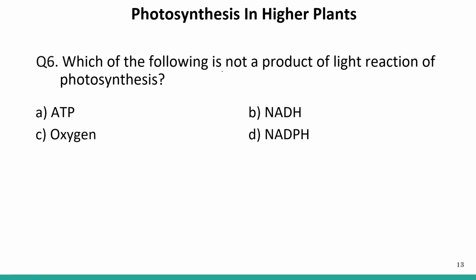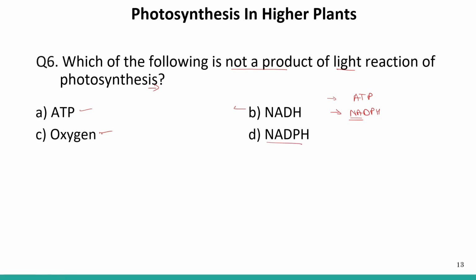The next question is, which of the following is not a product of light reaction of photosynthesis? Okay, so during light reaction, what is formed? ATP is produced and NADPH is also produced. So options are ATP, NADH, oxygen and NADPH.